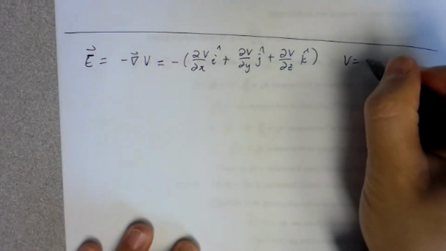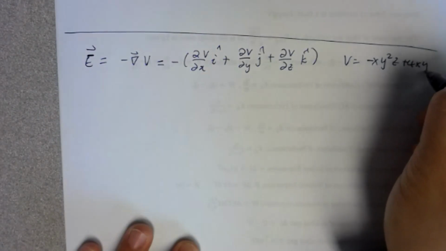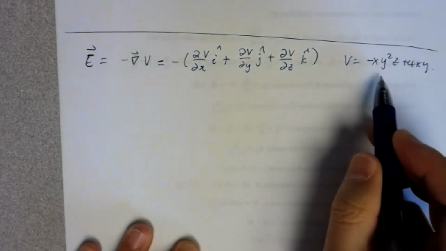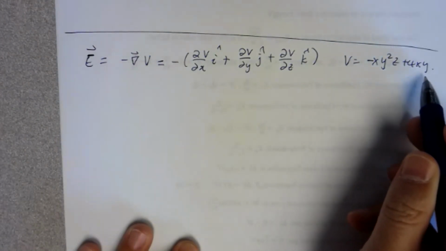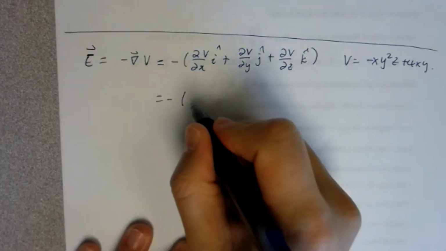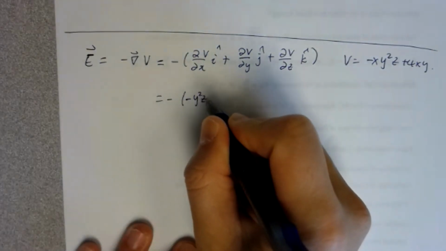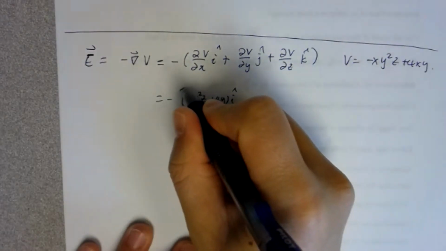And V equals minus x y squared z plus 4xy. So partial V over x is minus y squared z plus 4y, in the i direction.